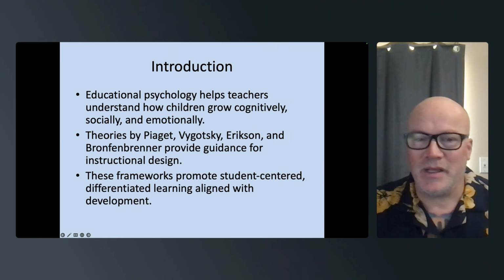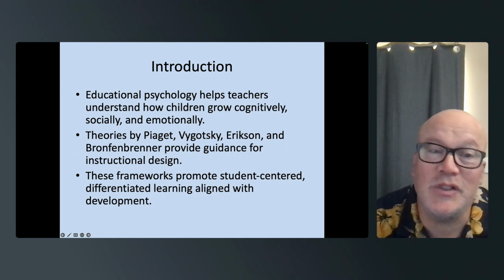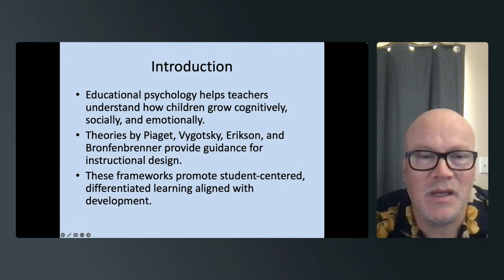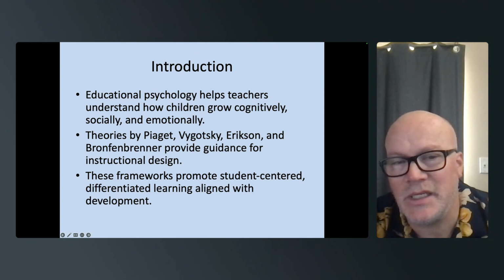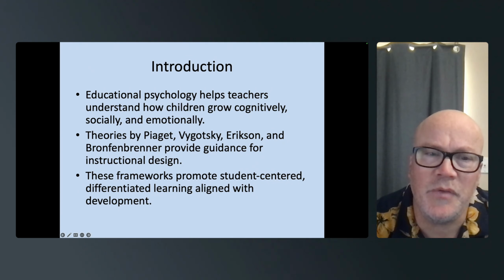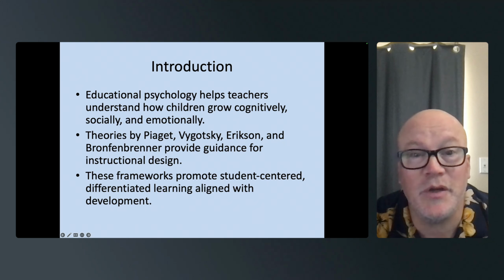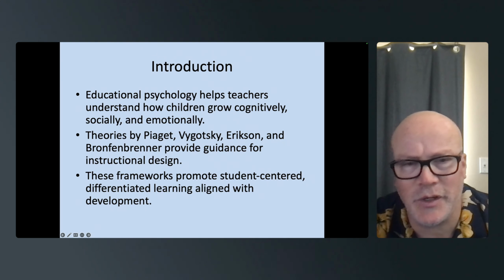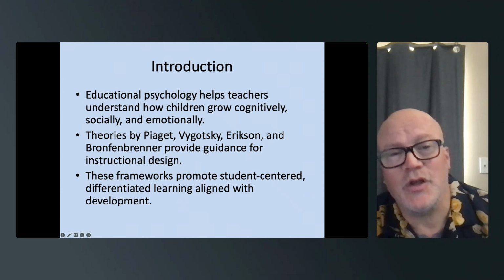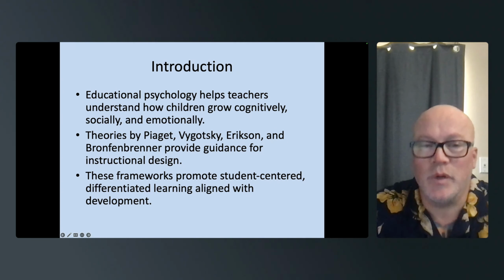With Piaget, he wanted to match lessons to students' cognitive stage through the use of hands-on learning. Vygotsky spoke about scaffolded learning within the zone of proximal development, and really tried to encourage peer collaboration and social interaction. With Erikson, he wanted to create student confidence and identity development through feedback and emotional support.